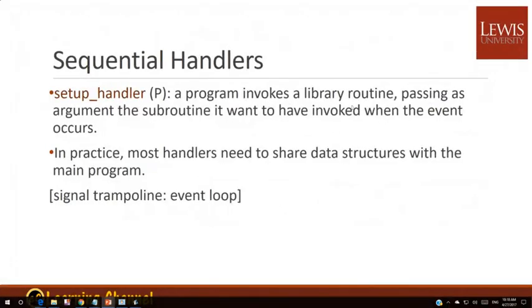So a program invokes the library routine, passing the subroutine you want to have invoked when the event occurs. So basically the subroutine is a handler, and usually it's from a library routine. In practice, most handlers need to share the data structure with the main program. So the trampoline is the event loop.